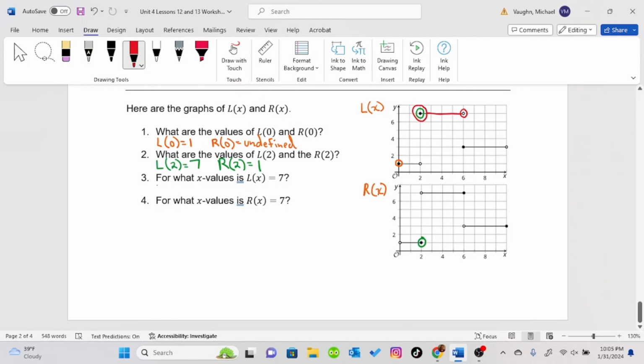So we could say 2 is less than or equal to x, since it has a solid point, and that's less than 6 because there is an open point.